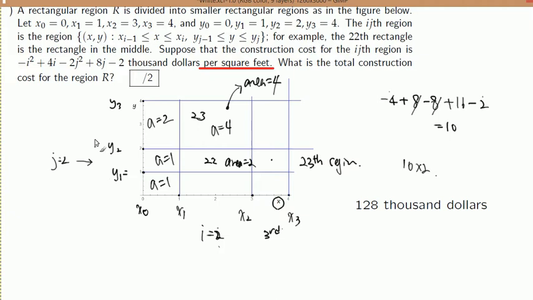If you plug in i equals 2 and j equals 2, you get this number 10. So this is $10,000 per square feet if you're doing construction right in the middle here. But the area here is 2 square feet, so you multiply by 2, and that's $20,000 it's going to cost for the middle part.